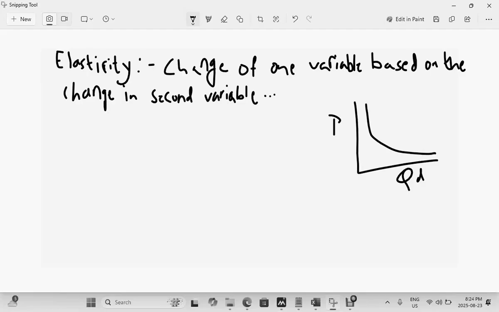Elasticity has to do with change of one variable based on the change in the second variable. So if you look at the definition for price elasticity, for example, this is your price elasticity.